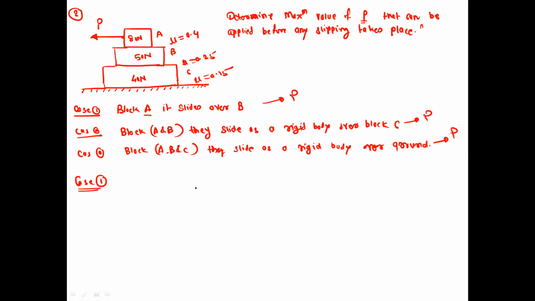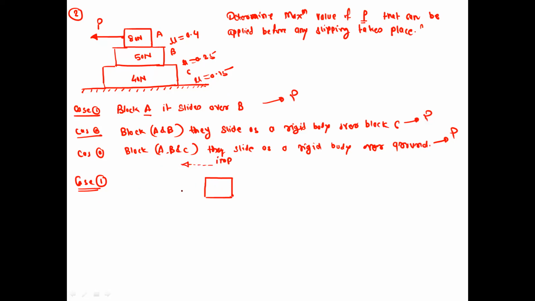So for case 1, we will draw the FBD. Block A is only sliding over the block B. So the impending motion for block A is towards the left side.